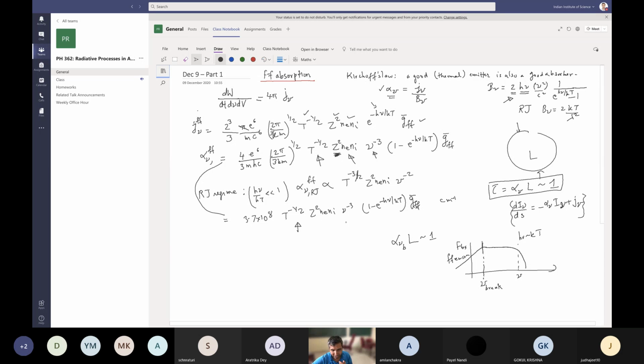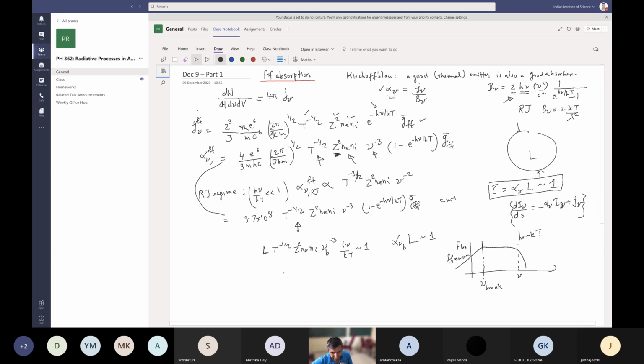Let me ignore all these numbers: t to the minus a half, z squared ne ni nu break to the minus 3, and let's say it's in the Rayleigh-Jeans regime, which it is, so this becomes h nu by kt, and let's ignore the Gaunt factor. This times the size of this plasma is 1.